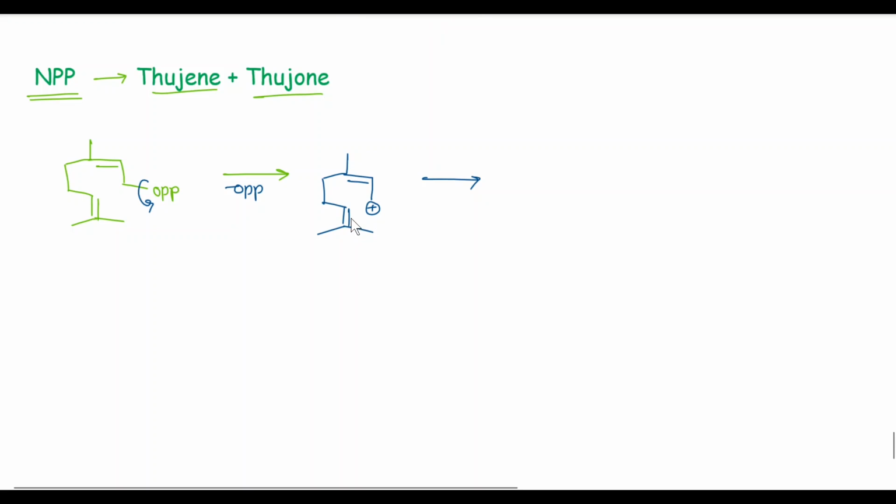In the next step, this pi bond attacks this electron-deficient carbon atom and we get a 6-member ring with this carbocation and double bond. In the next step, a 1,2 hydrogen shift takes place of this hydrogen onto this carbon atom and we get a new tertiary carbocation, here a new positive charge and here a double bond.